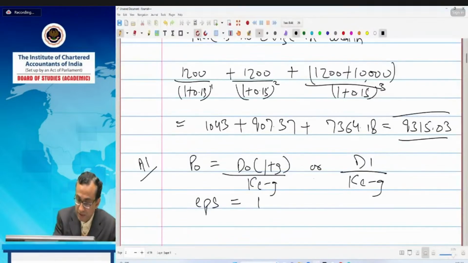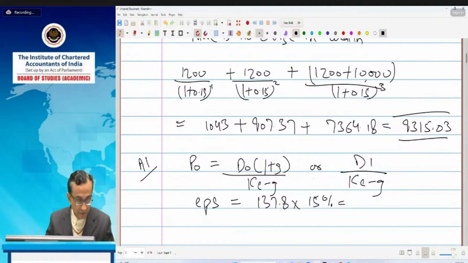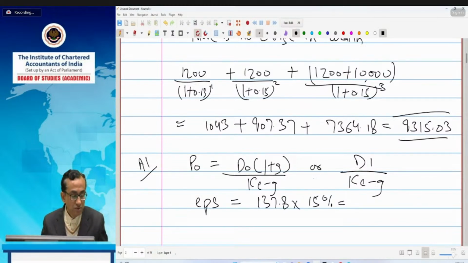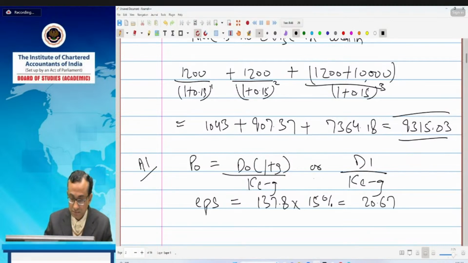So it will be 137.8 into 15%, which is equal to 20.67. And from that, the dividend can also be calculated.